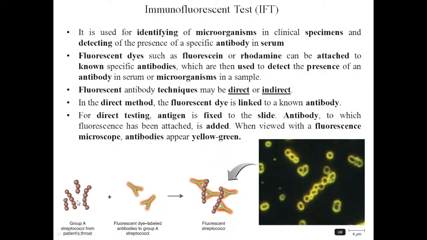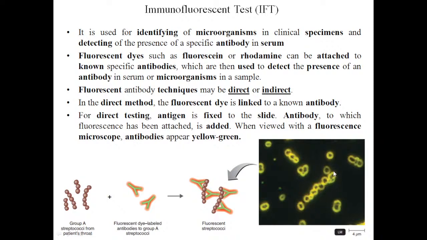If streptococci are present in specimen, in throat discharge, in throat swab, they are bound with antibodies, and then we can see their appearance in fluorescence microscope.